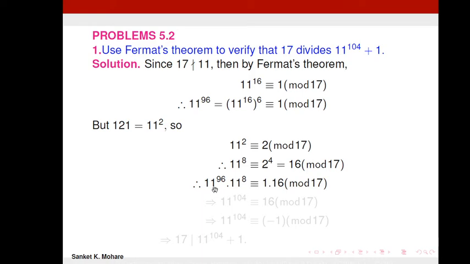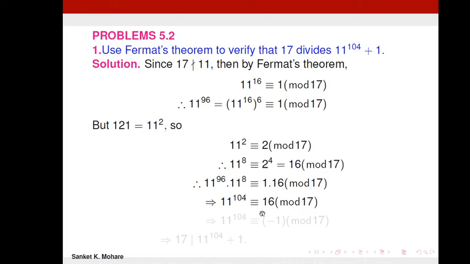But 11 raised to 96 is congruent to 1 modulo 17, so the value of 11 raised to 96 is 1, and 11 raised to 8 is congruent to 16 modulo 17. So the value of 11 raised to 8 is 16, and 1 into 16 is 16. So by the laws of indices, powers go in addition. 96 plus 8 is 104. So 11 to the power 104 is congruent to 16 modulo 17.